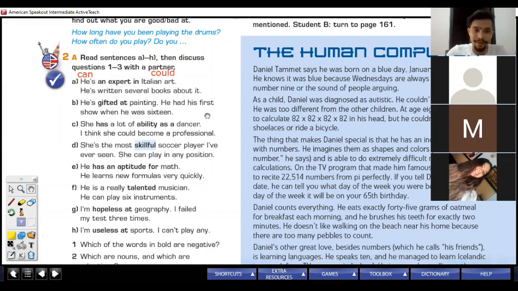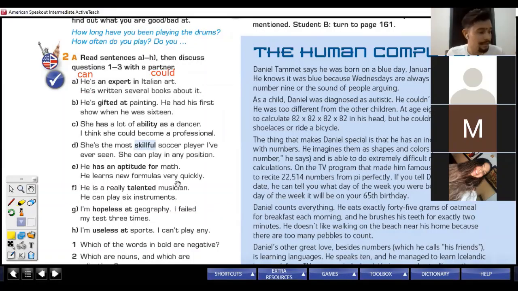You have be an expert at, be gifted at, have a lot of ability as, be skillful, have an aptitude for, be talented, be hopeless, be useless, be able to, and manage to. We have many words and expressions to express abilities and disabilities different from can and could.